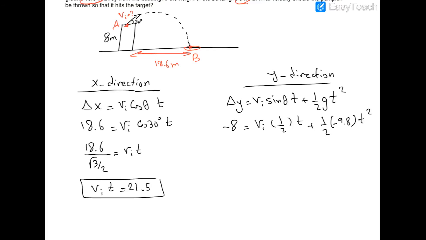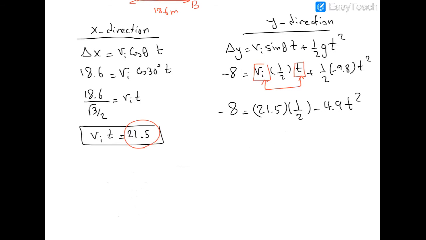Do you see the VI and the t here? They are multiplied by each other, right? I can replace it with 21.5, and that should make this much easier. It's going to be 21.5 times 1 over 2 minus 4.9 t squared.